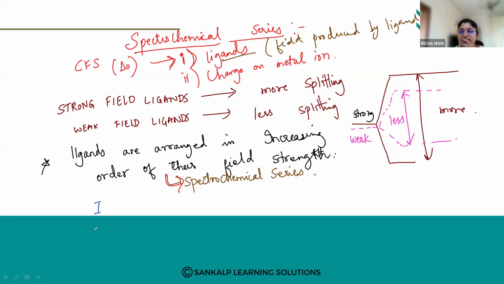So let us see how they are arranged. Increasing order means it starts with iodide, then you have bromide, then SCN minus. Please note it down, very important.